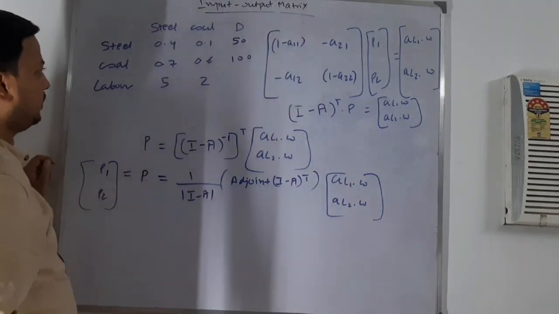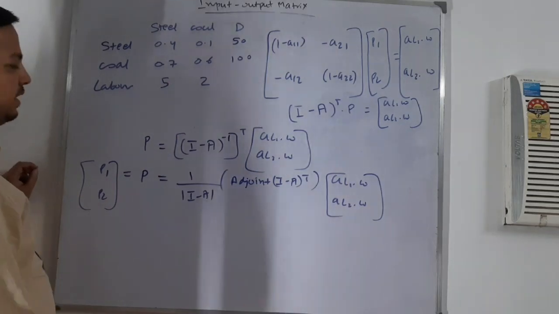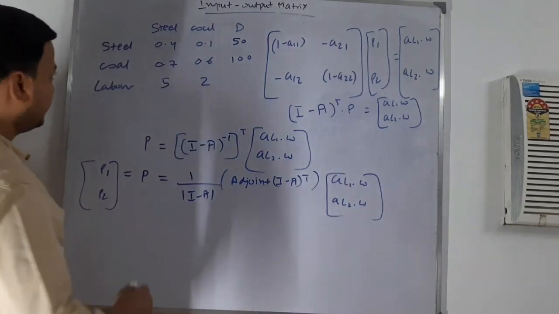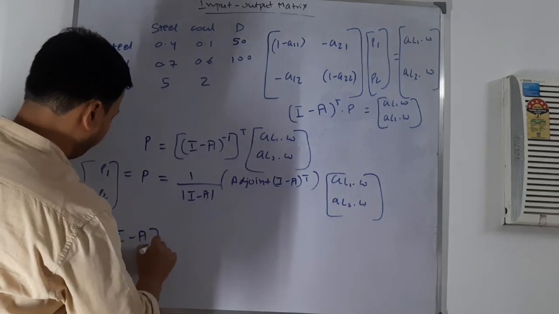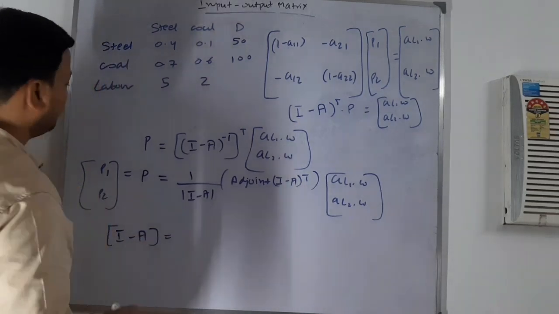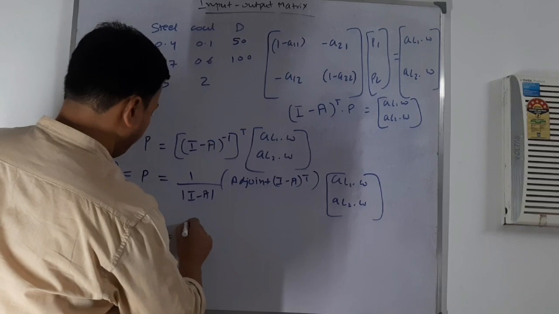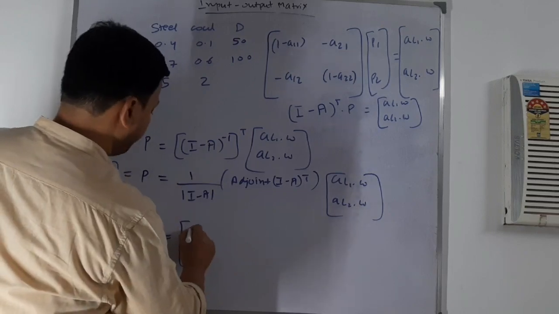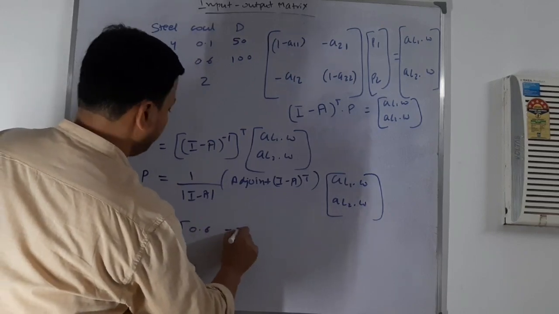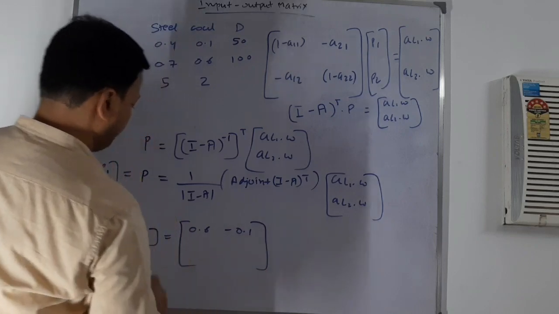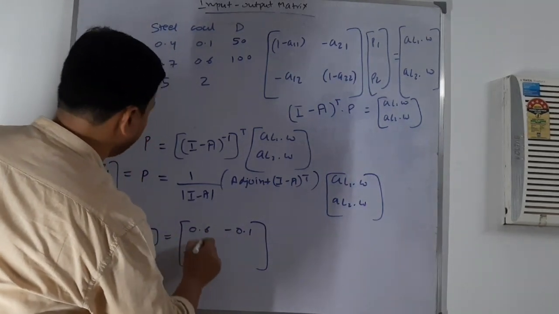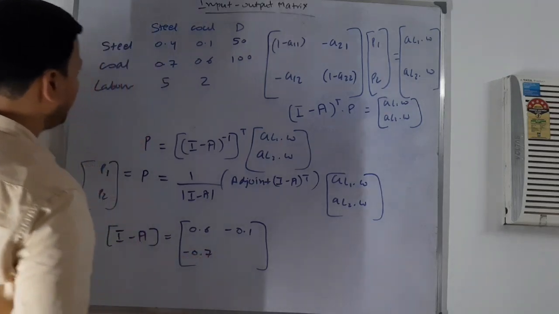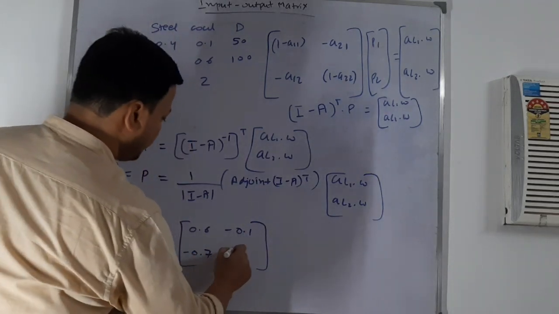Next, solve this one. First I will take out the I minus A matrix. So the I minus A matrix will be 0.6, minus 0.1, then minus 0.7, and 1 minus 0.6 is 0.4.